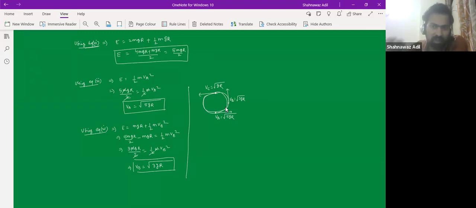In that example, I was not providing this critical speed, VA, root 5gr, right? If I would have provided this velocity, then it would have completed one rotation. So this is the minimum speed that you have to provide so that it will complete one circle. And this speed is maximum, then it decreases, and at this point, the speed is minimum.